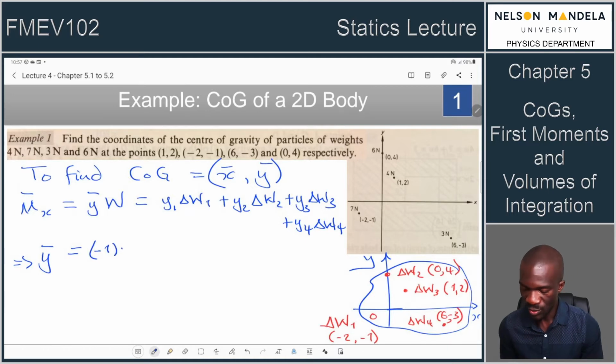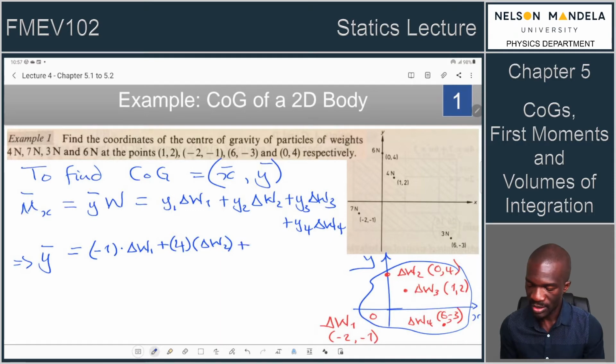What is delta weight 1? Then you write its value, so it's already given for you. What is y2? y2 is its position, which is 4, and this 4 multiplies delta weight 2. What is y3? y3 is at position 2, so that is 2.